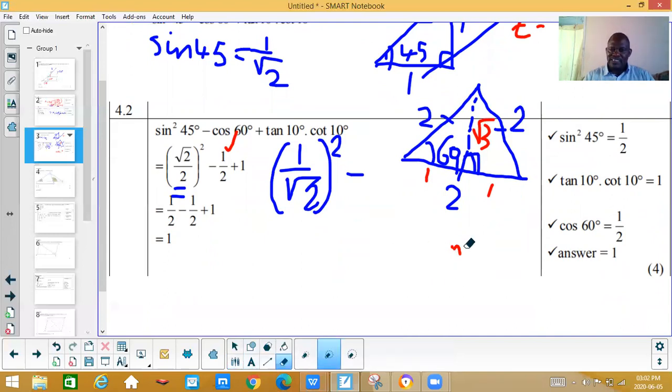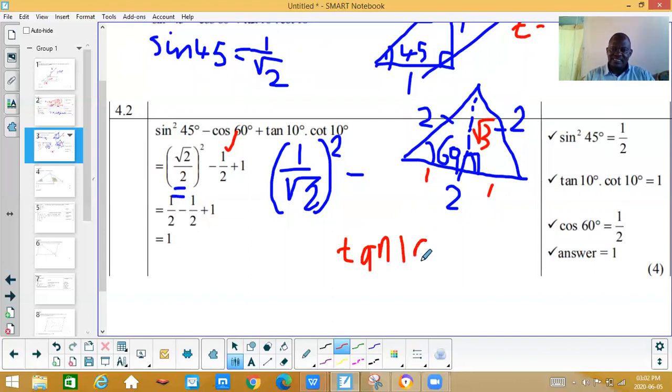There is a shorter way of working it out. In this case, you have tan 10 degrees times cotangent 10 degrees.